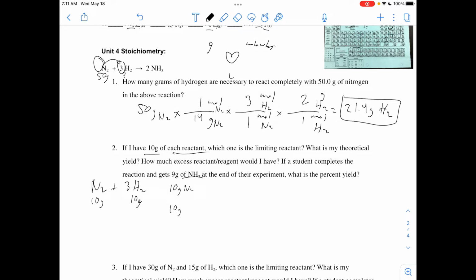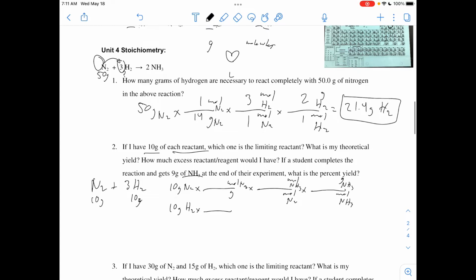So 10 grams of N2, and I'm going to see which one produces less NH3. That's going to be my limiting reactant, the thing that runs out first. From moles of N2, I want to get into moles of NH3, and then grams of NH3.